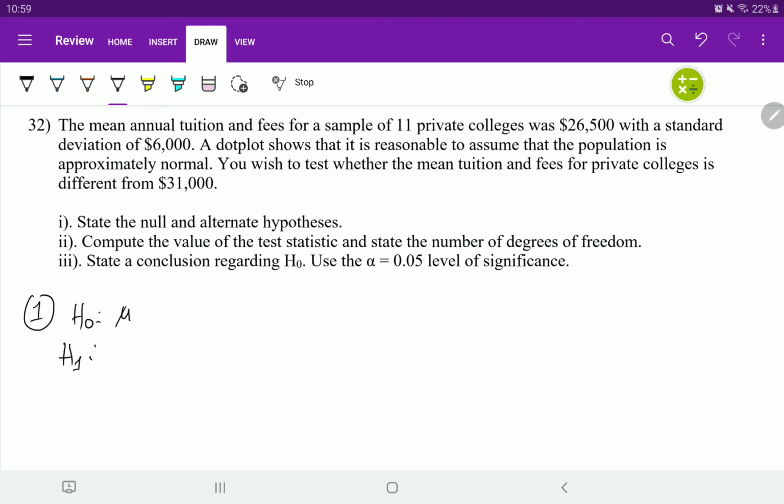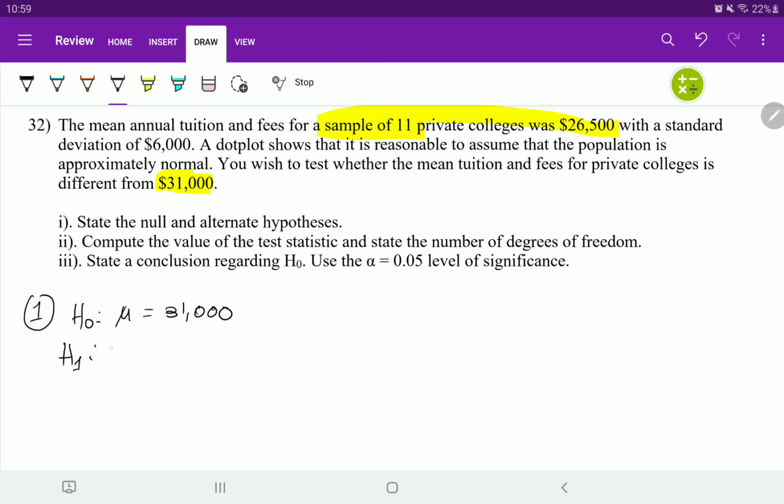In this case, the specified population value is going to be 31,000. Don't use 26,500 because that value right here comes from a sample of 11 private colleges. That's not a parameter, that is a statistic. So let's write that here, 31,000.